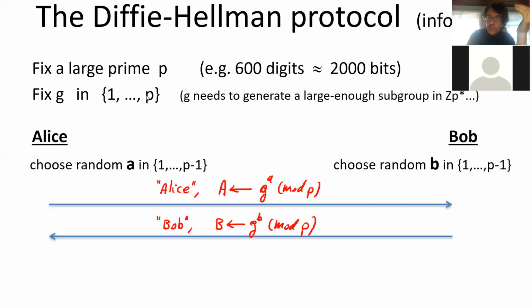For example, P minus 1, if you multiply that by itself, that's like taking the square of minus 1, which is a 1. You can check that (P minus 1) squared modulo P is actually a 1.